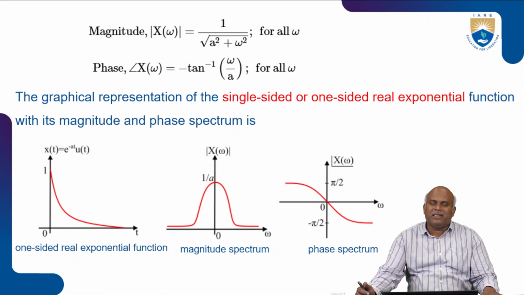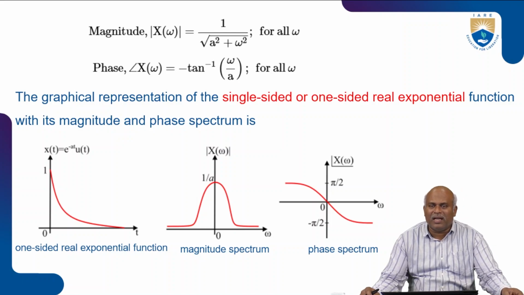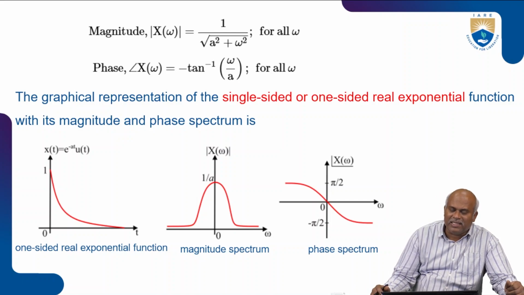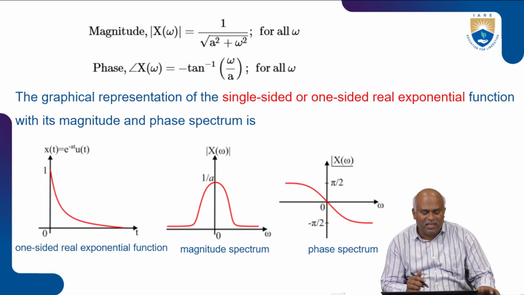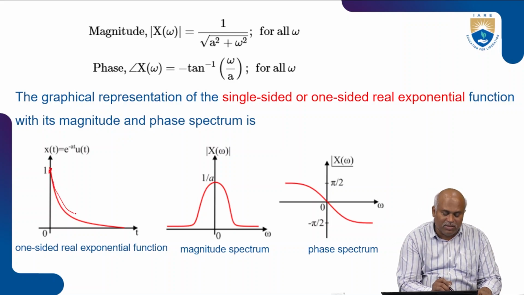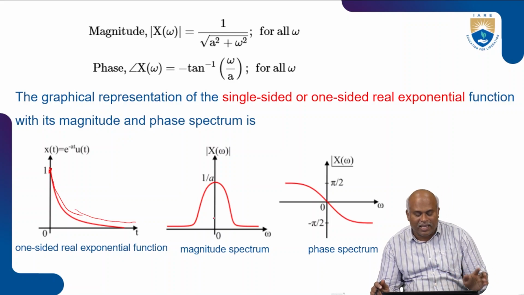The graphical representation of the one-sided real exponential function shows it has a maximum amplitude of 1, continuing to infinite time and not touching the axis line.